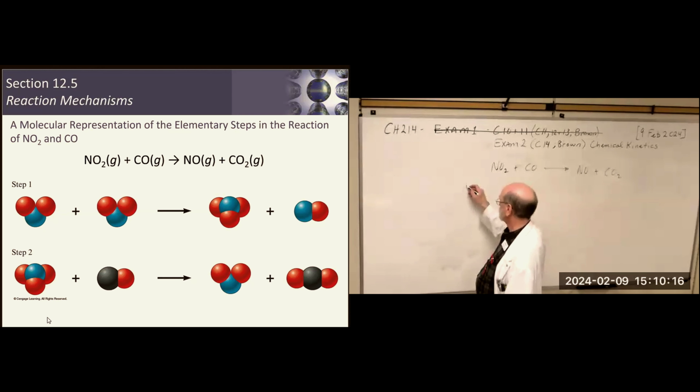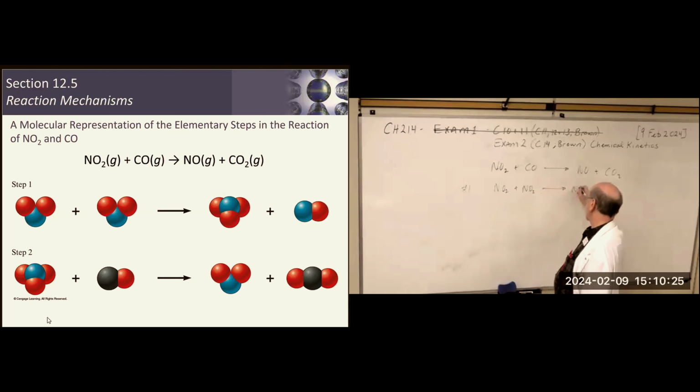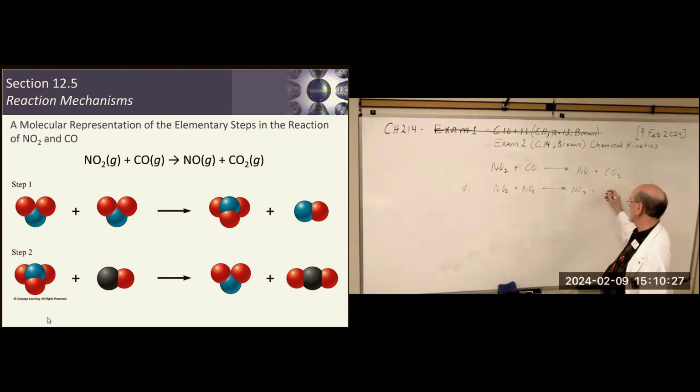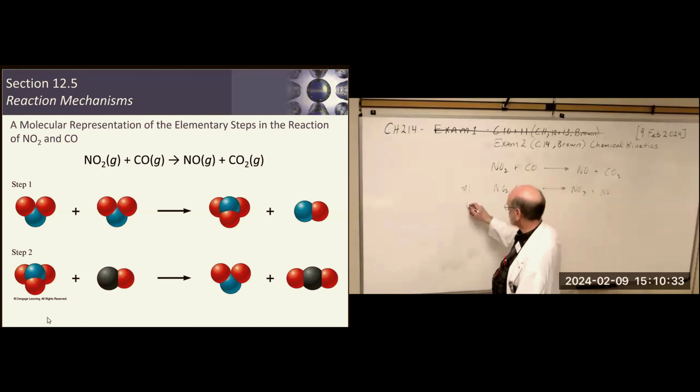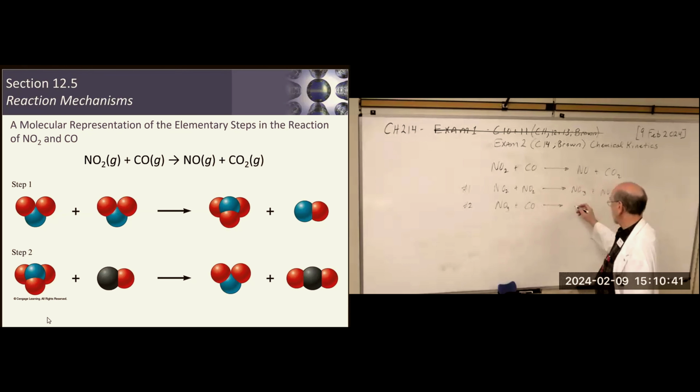Step 1, we have NO2 reacting with NO2 to make NO3 plus NO. Then we take this one in step 2 and react it with CO. And that gives us NO2 plus CO2.